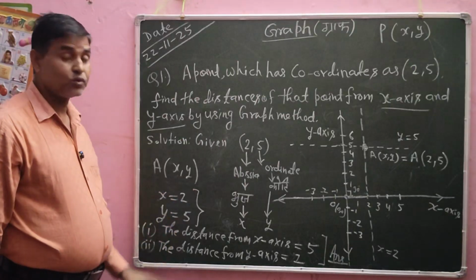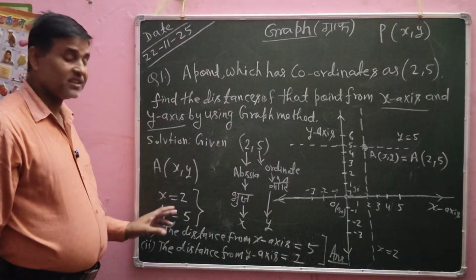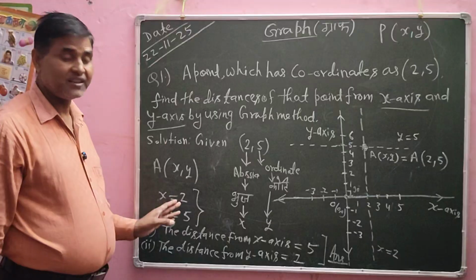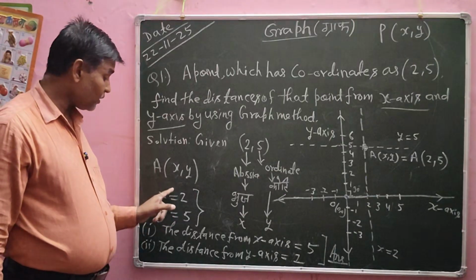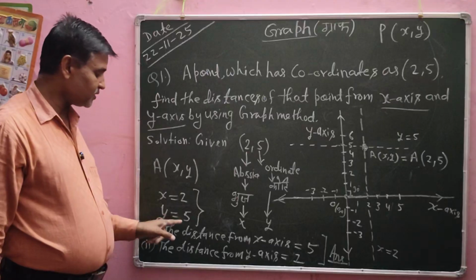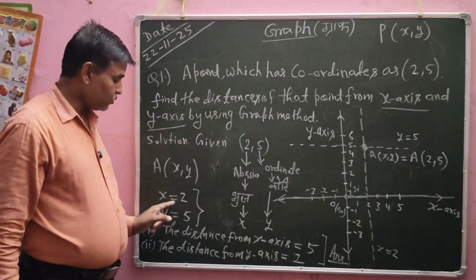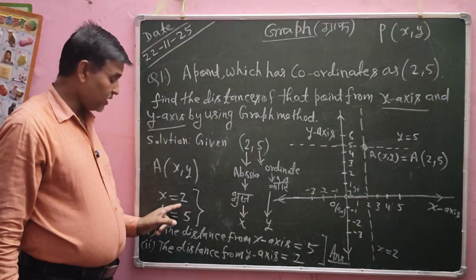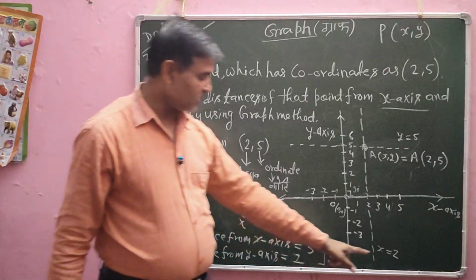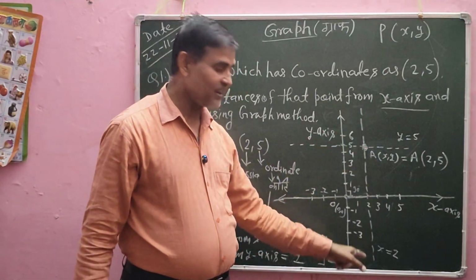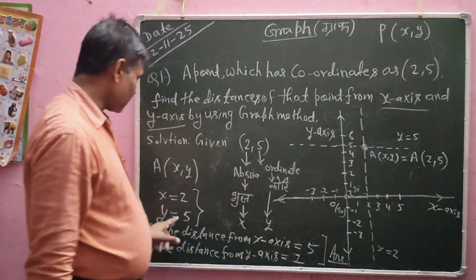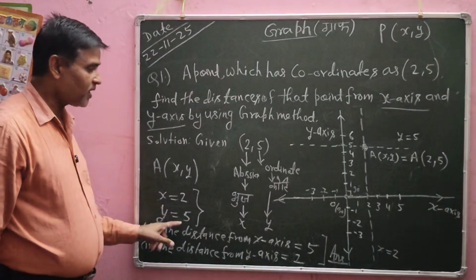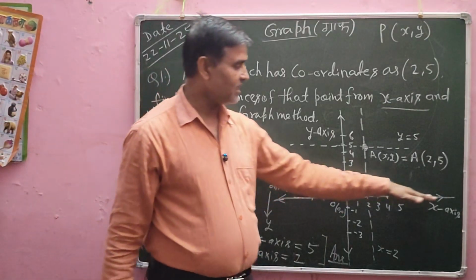So these are also two straight lines, but their angle is 90 degrees. It means that this line is parallel to the y-axis and this line is parallel to the x-axis. Therefore I have drawn one line, x is equal to 2, which is parallel to the y-axis, and similarly a line y is equal to 5, which is parallel to the x-axis.